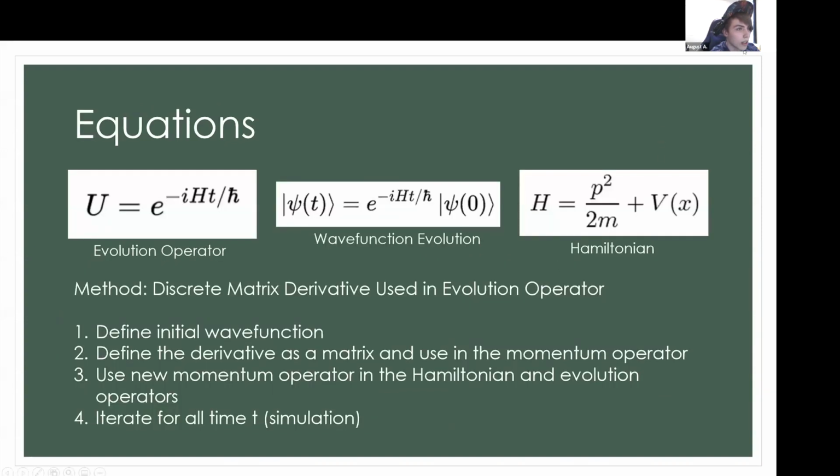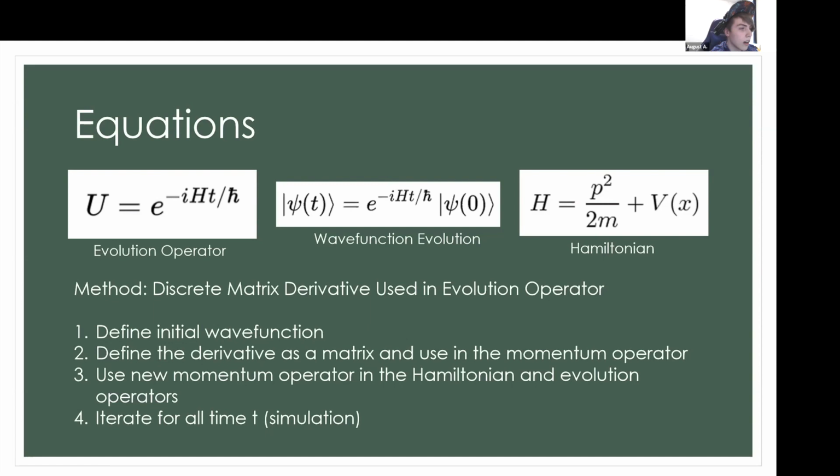So just as a general set of equations, we have our evolution operator, of course. We have our wave function evolution, and we have our Hamiltonian in terms of momentum and mass, as well as potential. The method that I used, at least, was to use the discrete matrix derivative and use it in the evolution operator.